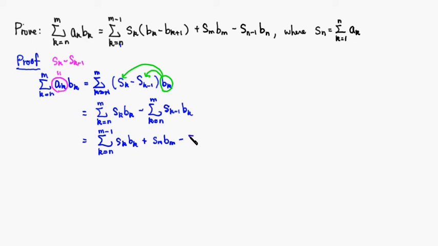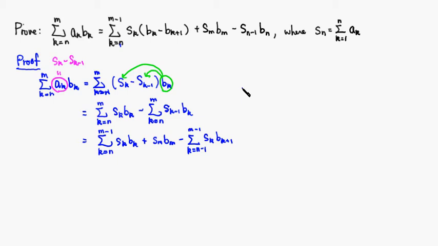So I'm going to instead start from k goes from n minus 1 to m minus 1. I shifted the indices by 1, by subtracting 1, which means I have to change these guys to s_(k+1) and you have b_(k+1).